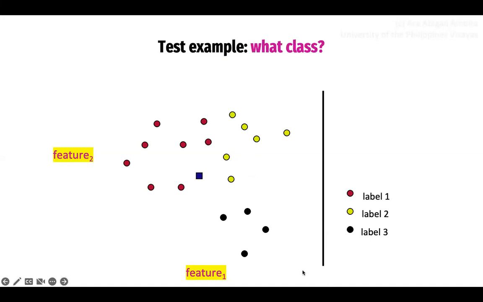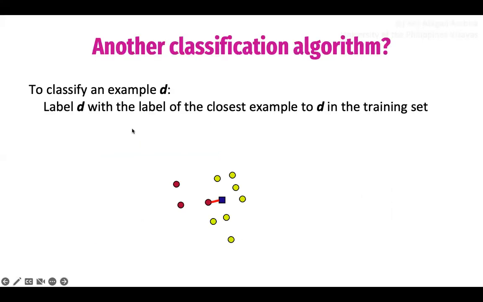Assuming that we have a new query point, say we introduce a new point, how would it be classified? Would it be classified as label 1, 2, or 3? If we consider only the closest neighbor, or the closest point, it will be classified as red, because it is closest to red.